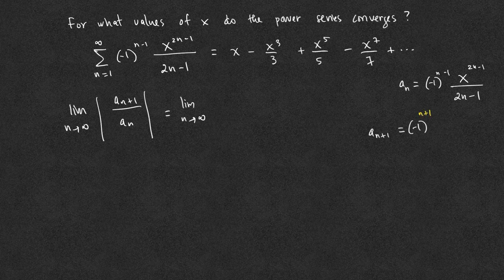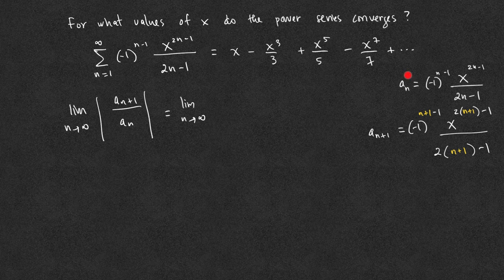The power of negative 1 is now n plus 1 minus 1, times x to the 2, open the parentheses, minus 1. Inside this parenthesis is an n plus 1. And similarly, in the denominator, 2 times, open the parentheses, close, minus 1, and that is n plus 1 inside the parentheses.